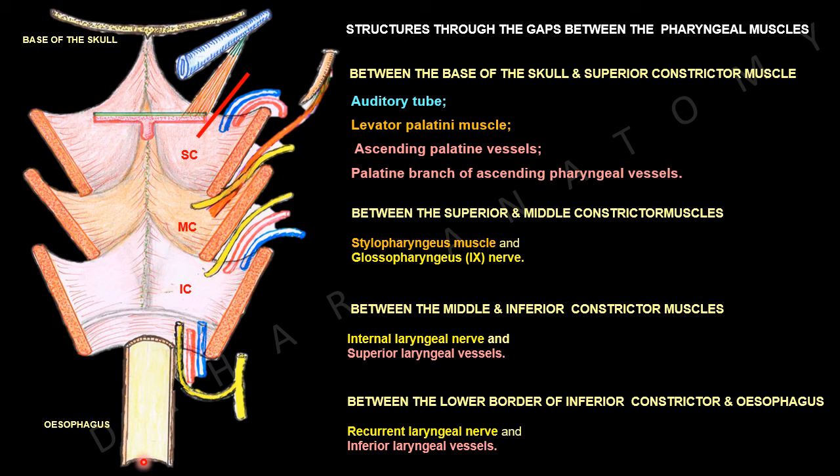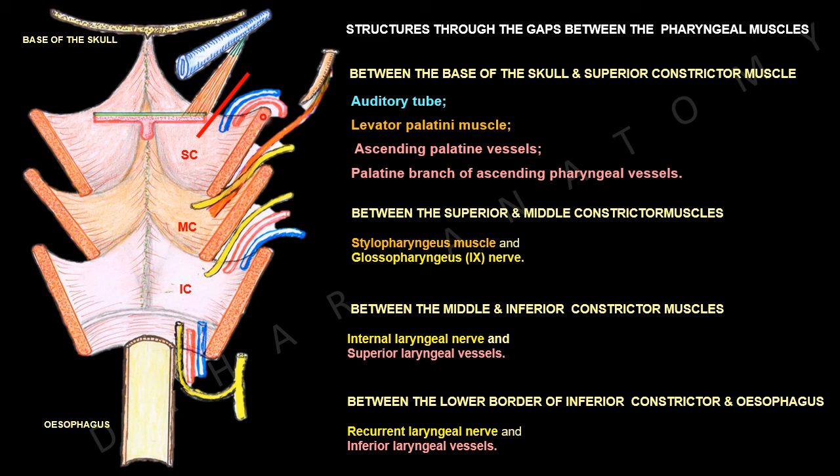The uppermost one is the gap between the base of the skull and the upper border of the superior constrictor muscle. The structures going through are the auditory tube, levator palatini muscle, ascending palatine vessels, that means artery and vein, and the palatine branch of ascending pharyngeal vessels, arteries and veins.